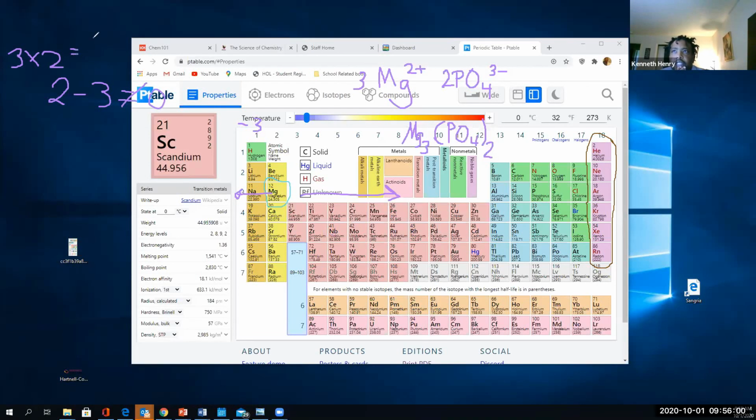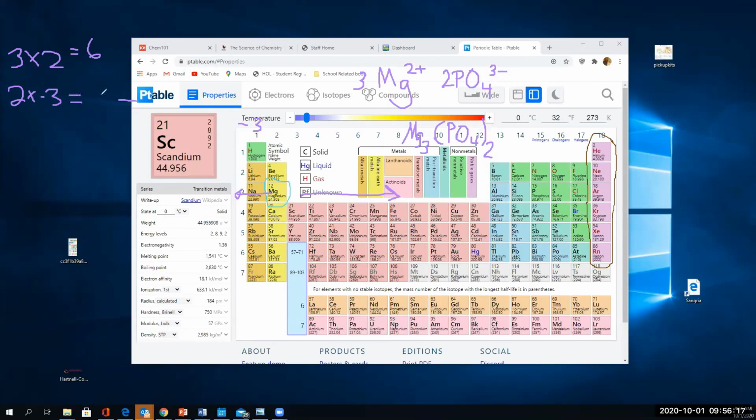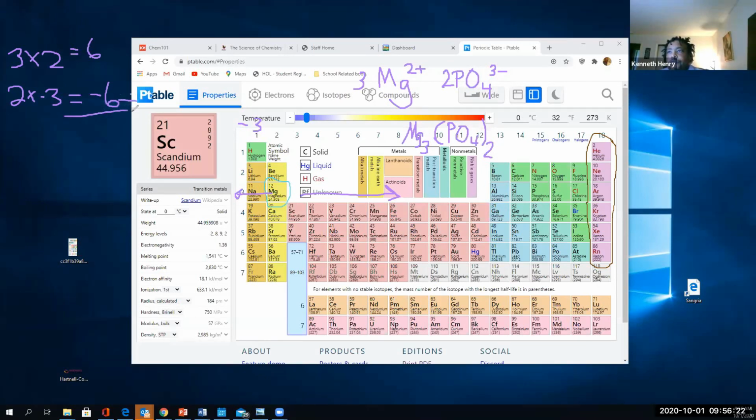Okay, so that equals 6. And then if I have 2 times -3, what does that equal? -6. Okay, and if I add those two together, what does that equal? 0. And that's my goal, right?